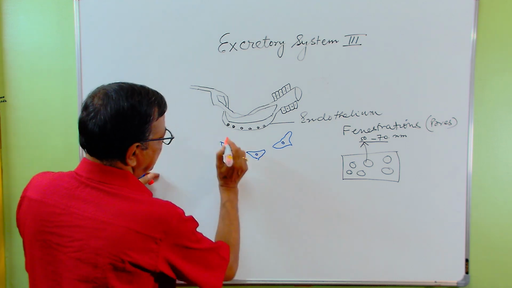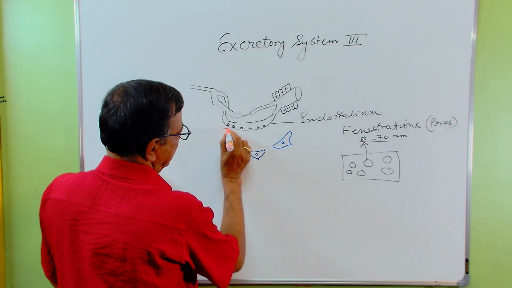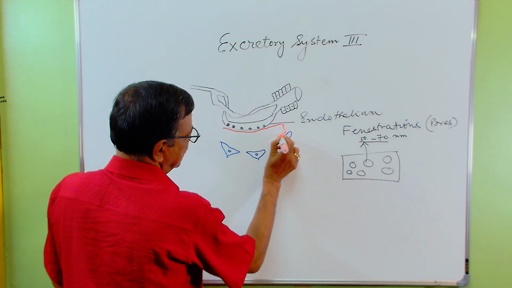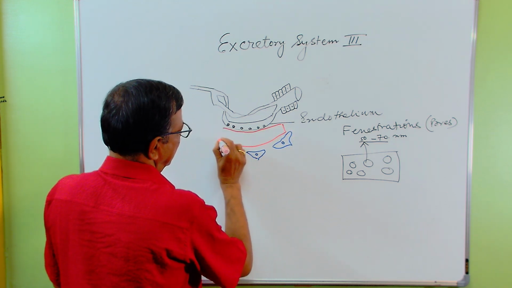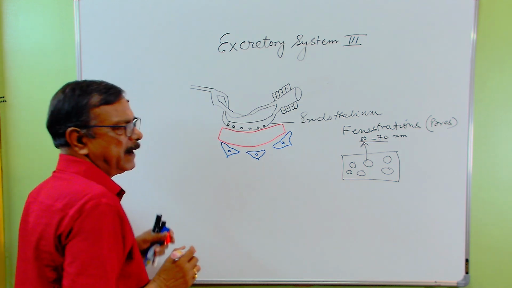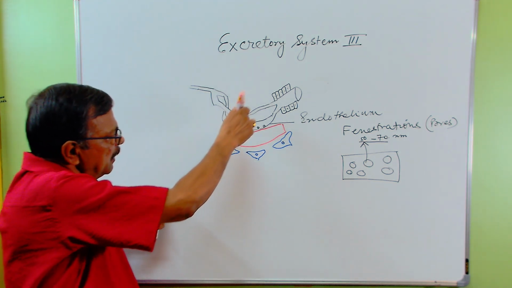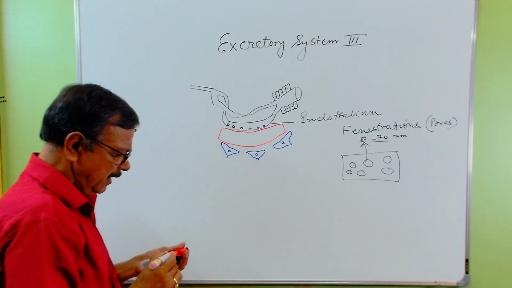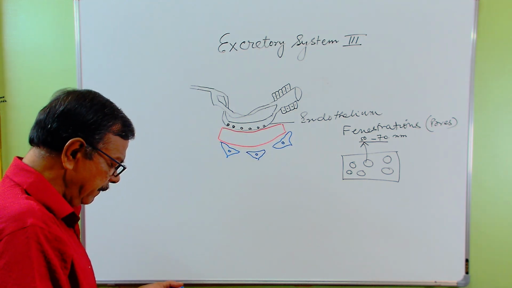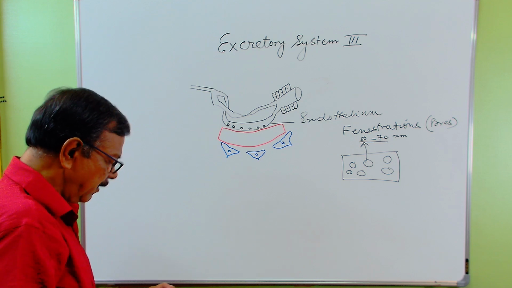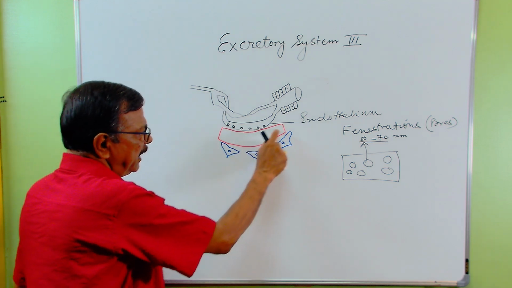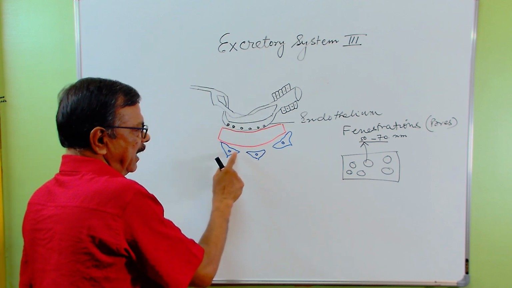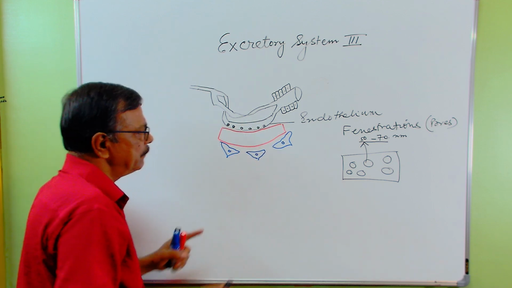After this, there is the basement membrane. So whatever we pass, it has to go through the basement membrane. Now the basement membrane is the only continuous layer, otherwise it has pores. And this also has pores, I will come to it.